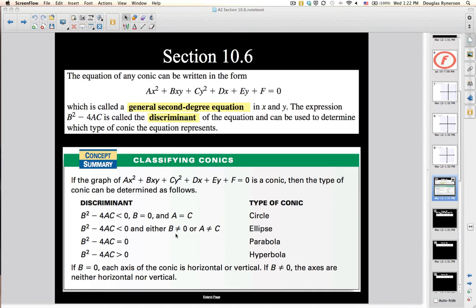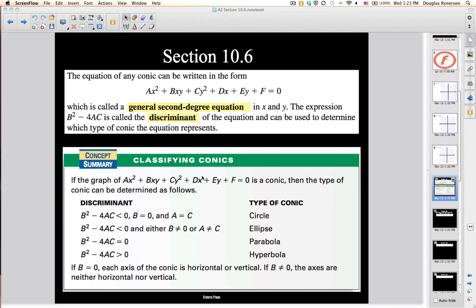But if either b is not 0 or a is not equal to c, then it's an ellipse. If b squared minus 4ac is equal to 0, it's a parabola. And if b squared minus 4ac is greater than 0, then it's a hyperbola. So when you have a general second degree equation, you can use this and determine which of the conics it is. Then we'll move on to putting it into standard form.